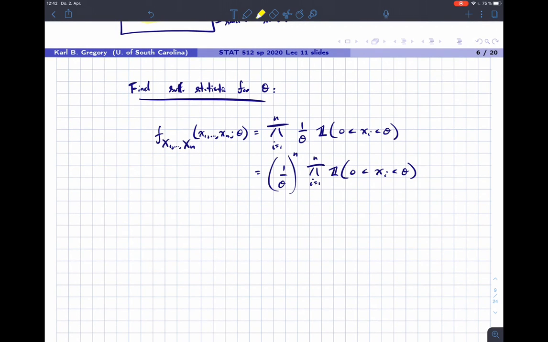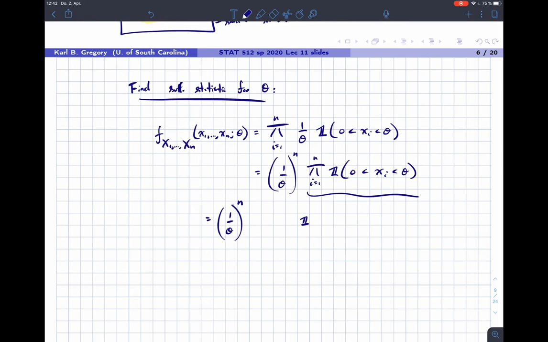And here it starts to be a little less obvious how we find the sufficient statistic for theta, because this looks a little bit strange. Well, let me just write this whole thing.